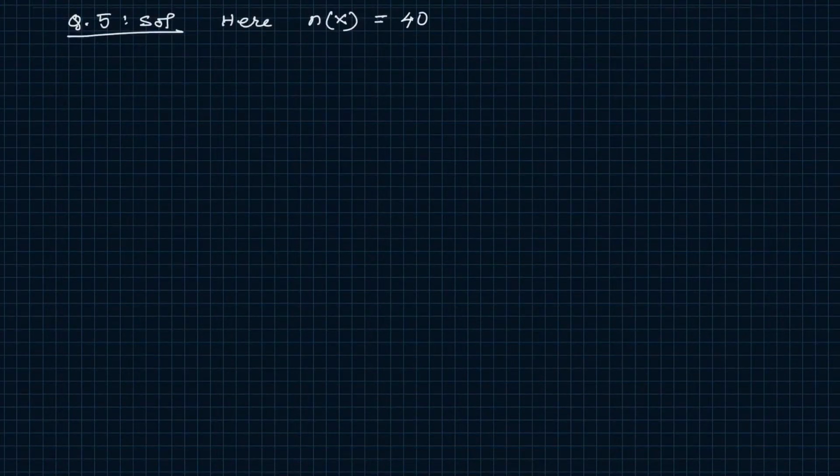So here the number of elements in set X is 40, the number of elements in X union Y is 60, and X intersection Y is 10.